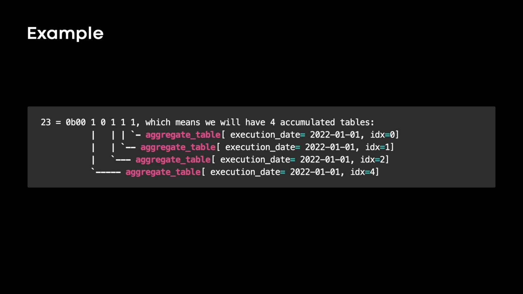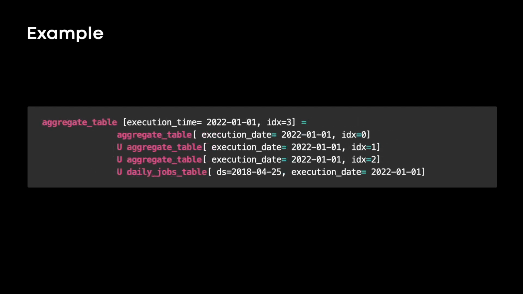We will find the smallest index that is not there and create it by accumulating all the smaller indices. In this example, as you can see, index 3 is not present. Now we create this partition for index 3 by joining the aggregate table partitions for the lower indices and the incoming daily job table for the given execution date.